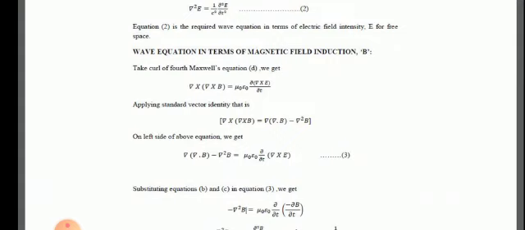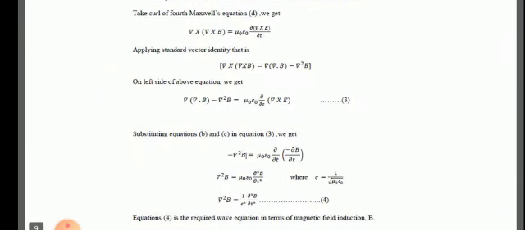Substitute equations B and C, that is Gauss law for magnetostatics and Faraday's equation, in the above equation 3. We get minus del square B is equal to mu naught epsilon naught dou by dou t of minus dou B by dou t.